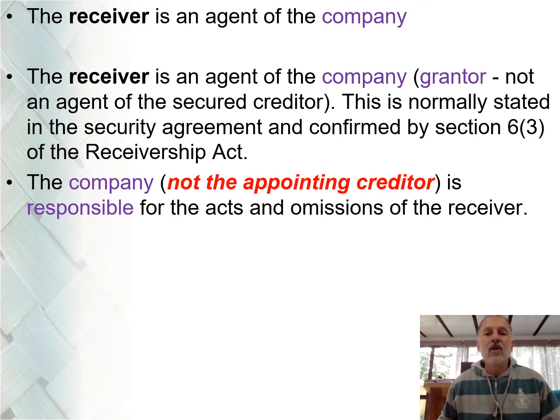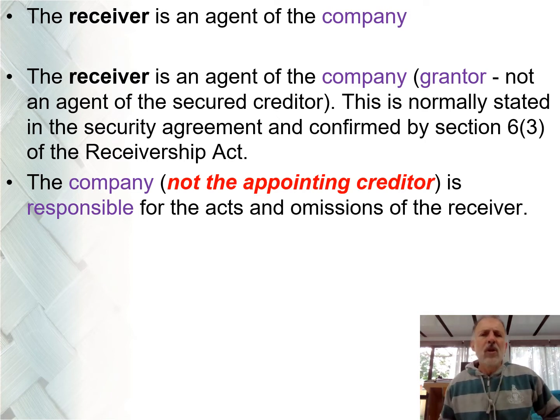The receiver is an agent of the company. People, this is an eye-opening statement, because the receiver is an agent of the company. The receiver is not an agent of the secured creditor. In other words, if we as a bank appoint that receiver, he's not working for us. He's still there to look after the best interest of that company.